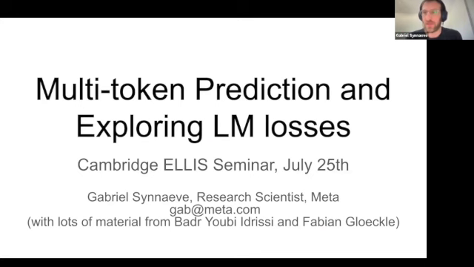I think there are a bunch of stones we left unturned. This is mostly the work of Badr, Yubi Idrissi, and Fabian Blockle. So just want to say that foremost and thank them.